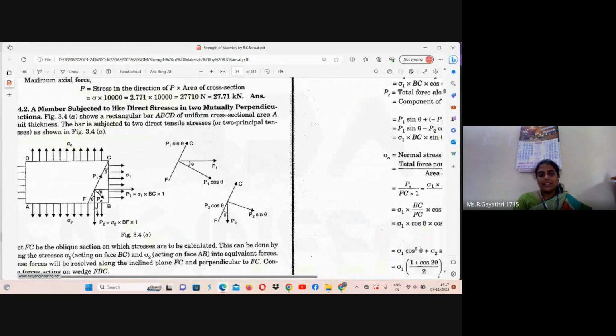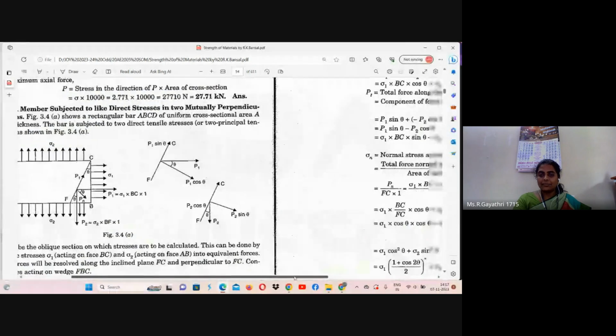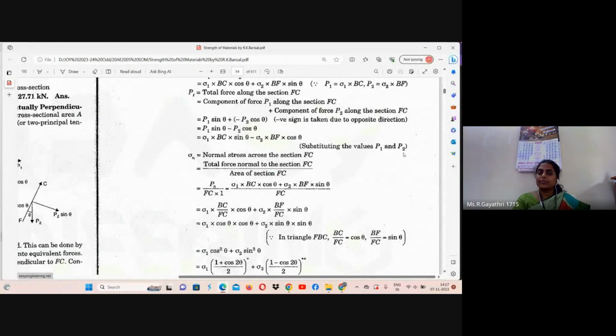For P2, we can consider sigma 2 into section FB, where this inclined section is located. After this, we can find the normal stress across the section FC, that is equal to the total force normal to the section FC divided by the area of section FC. Pn by FC into 1.